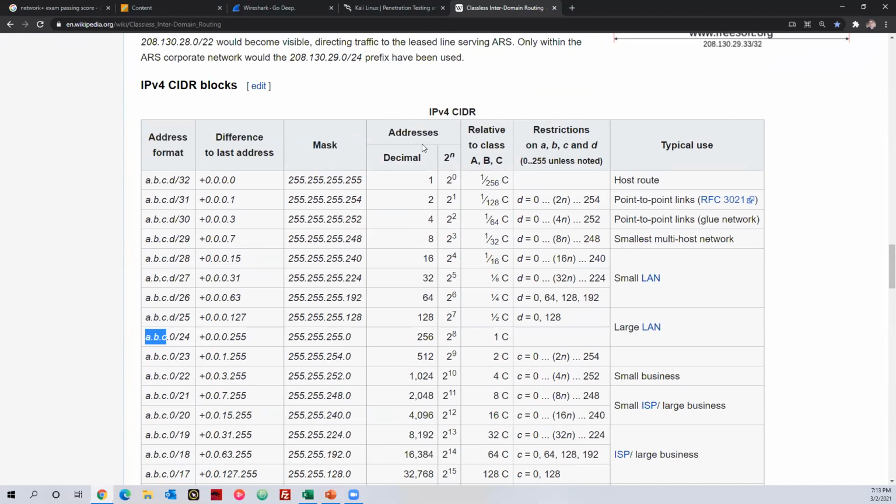So I want you to do 6 subnets from this one big network that we have. What do you think you would do? You would have to divide the, let's say technically, 256 addresses into 6 parts.